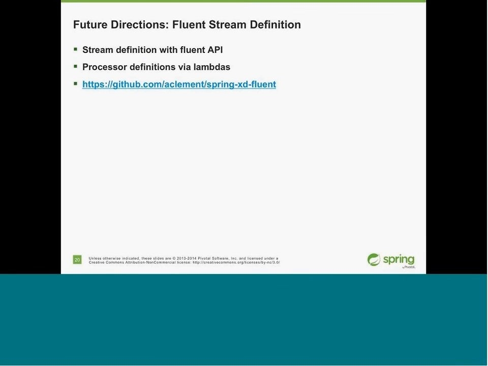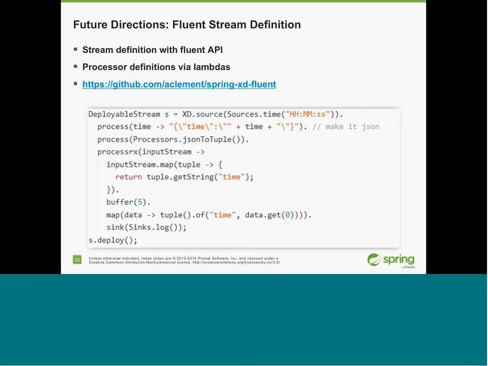Okay, thank you, Marius. Just a few more slides, then we can have a bit more Q&A time. Some directions that we're going in is to have a more fluent API for creating streams. This is a type-safe equivalent, so to speak, for the DSL that you were seeing with pipes and filters.